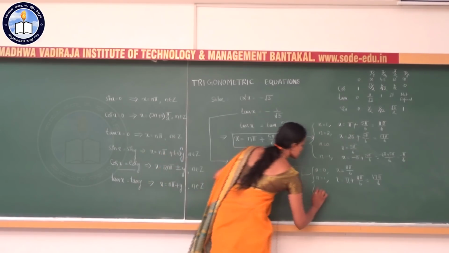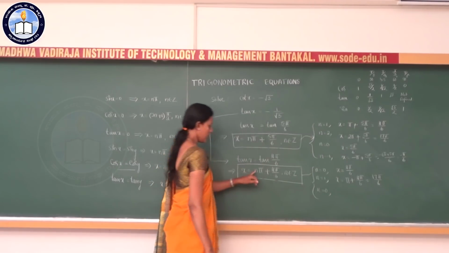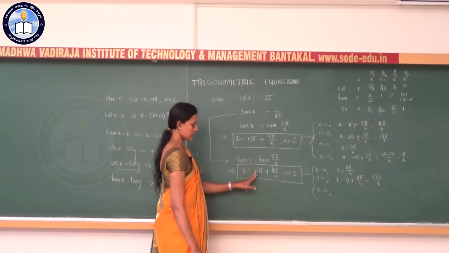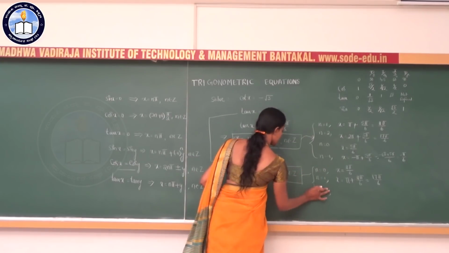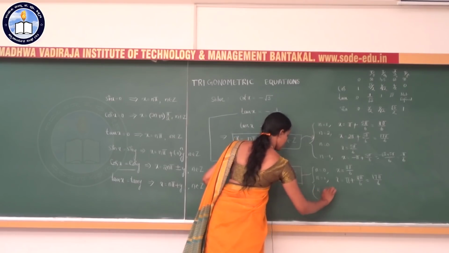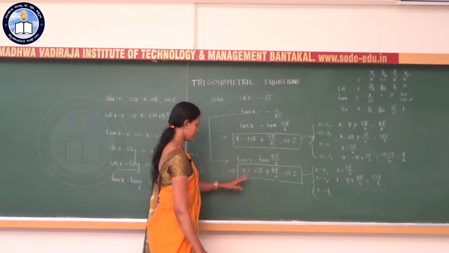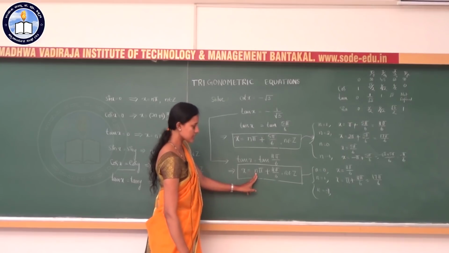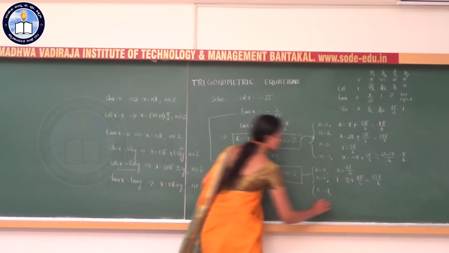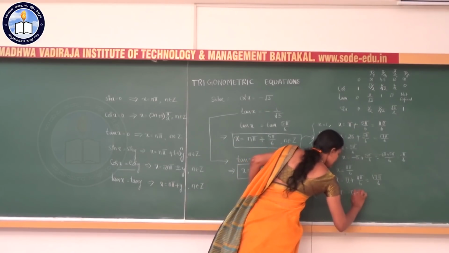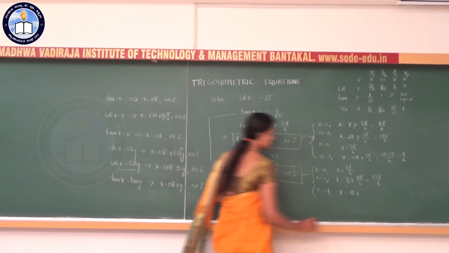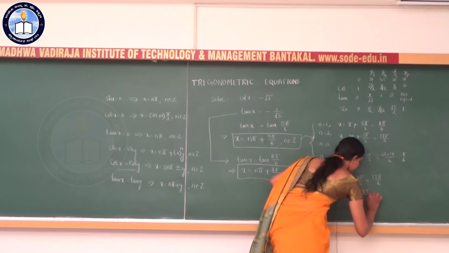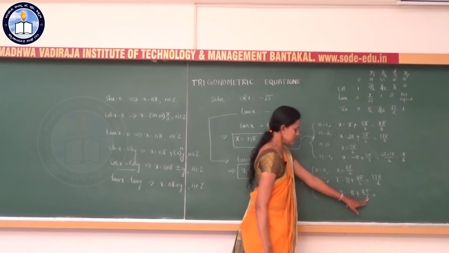The same answer we got when we substitute n is equal to 2 in the first expression. Now let me substitute n is equal to minus 1. When we substitute n is equal to minus 1, x will be minus pi plus 11 pi by 6. What is this?